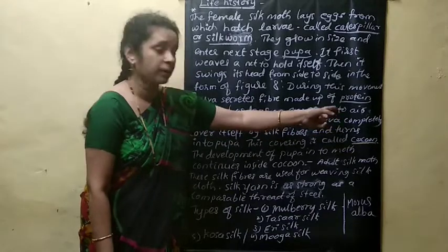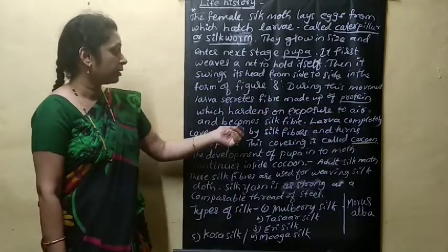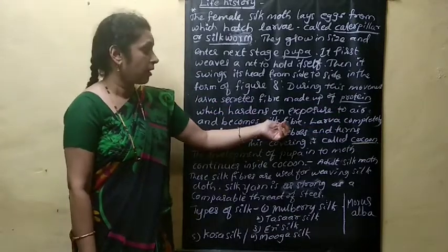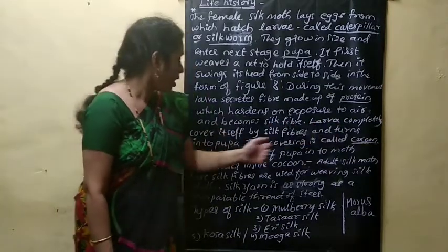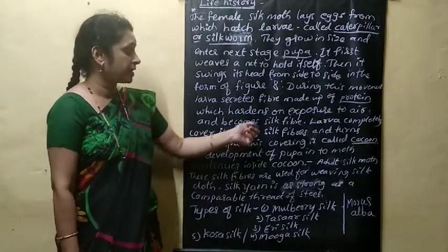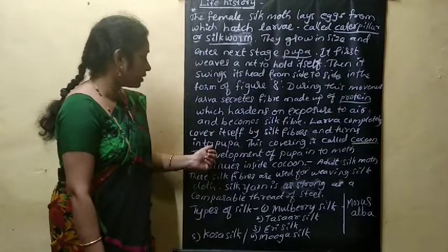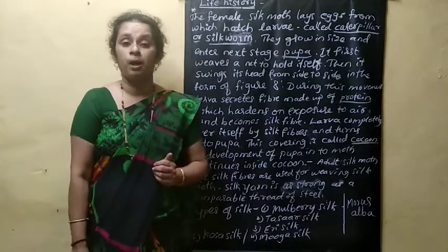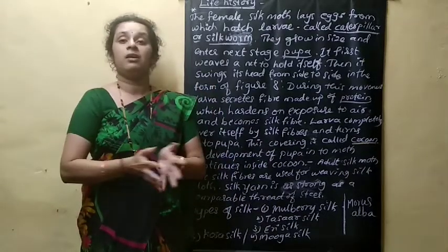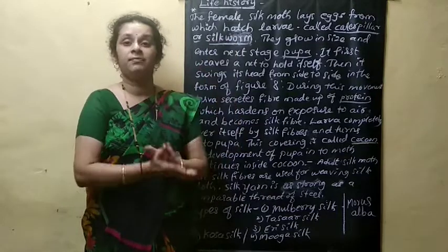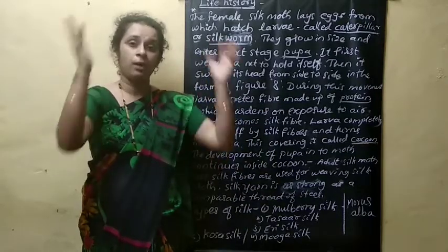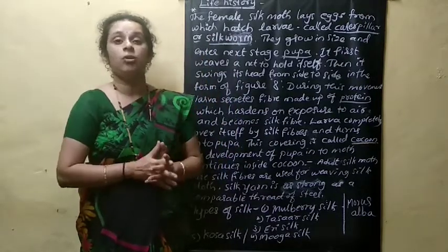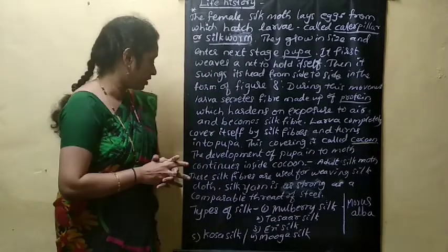The larva completely covers itself with silk fiber and turns into a pupa. The larva covers itself completely with silk fiber with the help of protein, and that stage is called the cocoon stage.